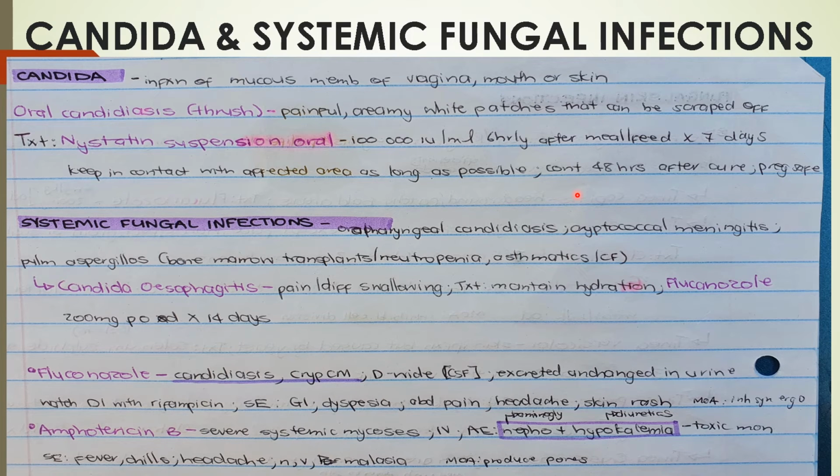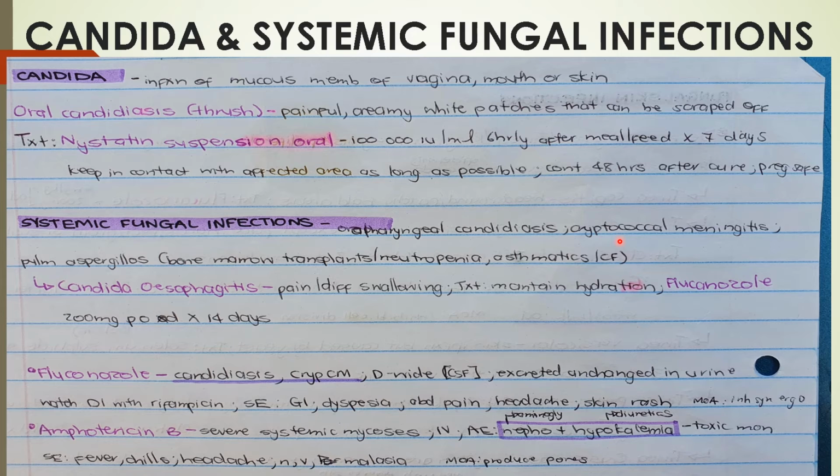Then we've got systemic fungal infections. These are infections that are mostly inner, I guess I can put it that way. Examples would be oropharyngeal candidiasis, which is pretty much your throat area, then cryptococcal meningitis, and pulmonary aspergillosis.